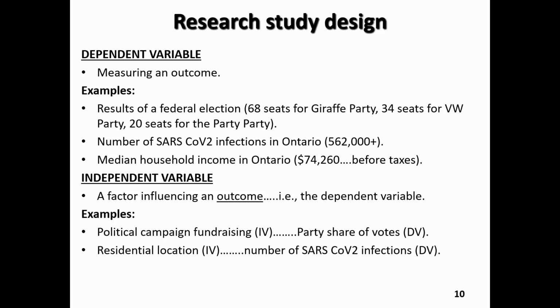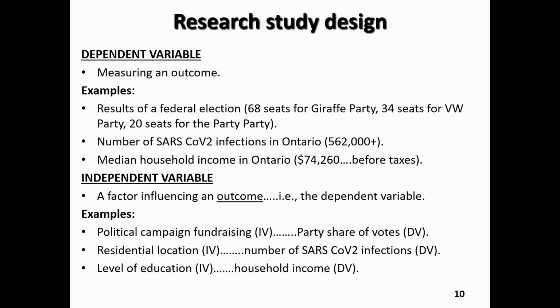So in this particular case, we're examining once again how the number of infections will depend on residential location, if that relationship did exist, that we would have to evaluate quantitatively, research that would specifically investigate that question.